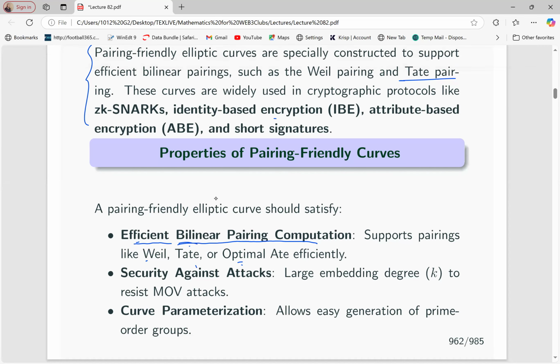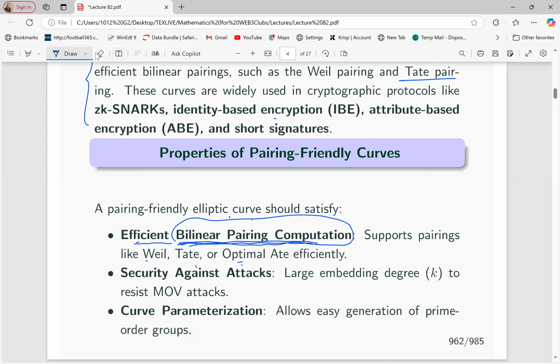A pairing-friendly curve should be one that can make the computation of bilinear pairing easier, so that we can do it efficiently. There are cases we've seen that have a denominator of 0. If the denominator is 0, the computation cannot be done.